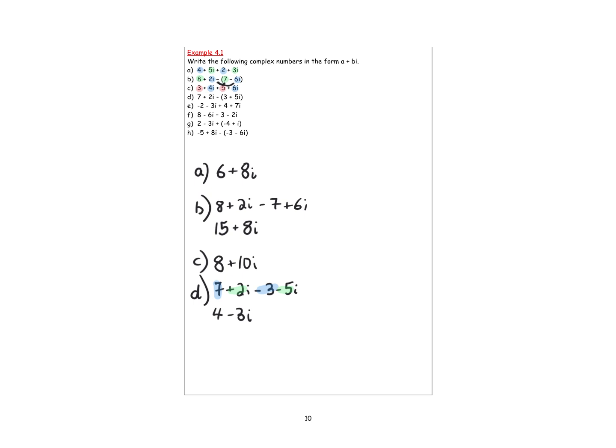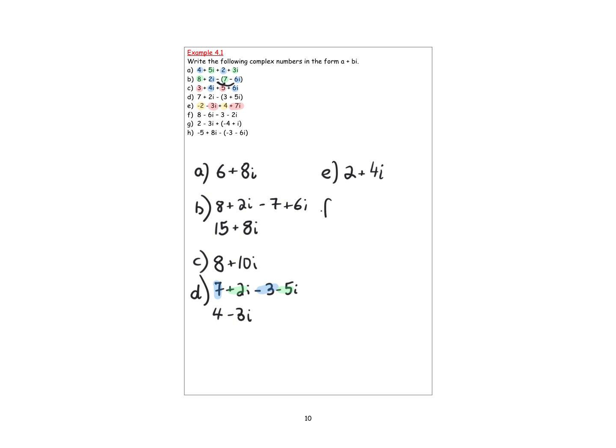E is after that, and E is very similar to A and C. So what we have is minus 2 plus 4 minus 3i plus 7i. That will leave us then with minus 2 plus 4, which is 2, and minus 3 plus 7, which is plus 4i.